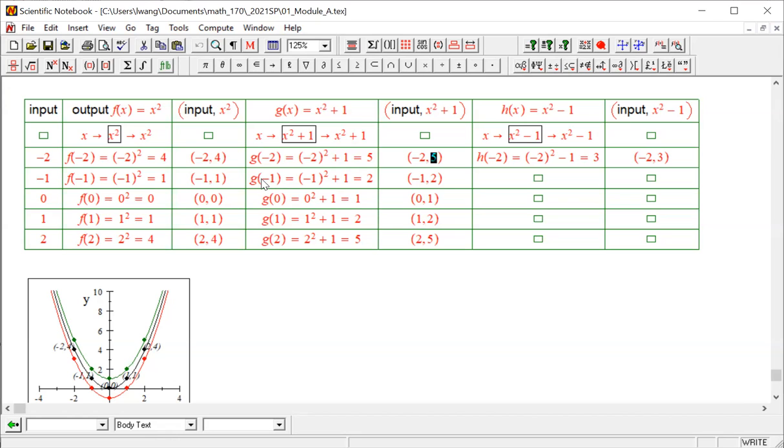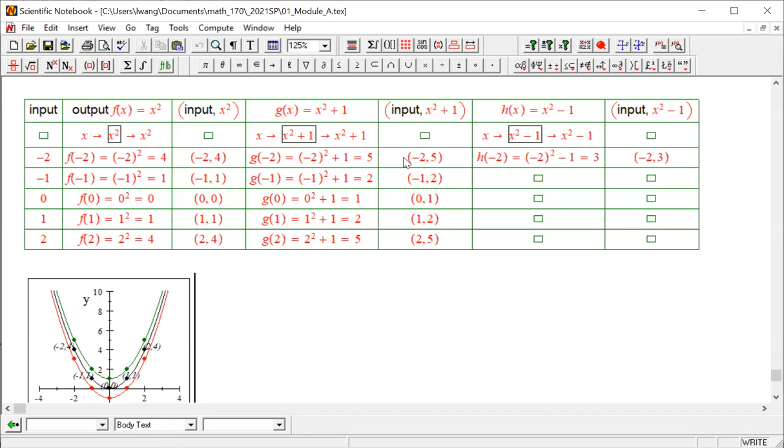For input of -1, the previous output for x squared is 1, and now plus 1, the output is going to be 2. So all the output from x squared is going to be plus 1. 4 plus 1 is 5, 1 plus 1 is 2, 0 plus 1 is 1, 1 plus 1 is 2, 4 plus 1 is 5. So that's essentially what we have, and we get these points.